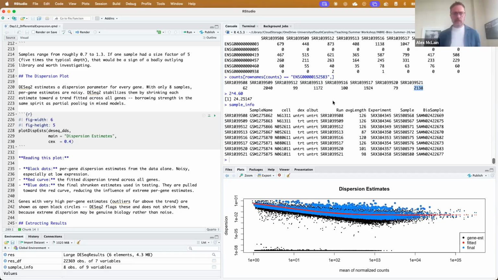The other reason is the dispersion of this particular gene, I would guess. You may notice that not only are the untreated lower, but they're actually relatively close to one another. So there's not a lot of difference between those. And the treated, three of them are right around 2,000. We have this one sample, which is lower.